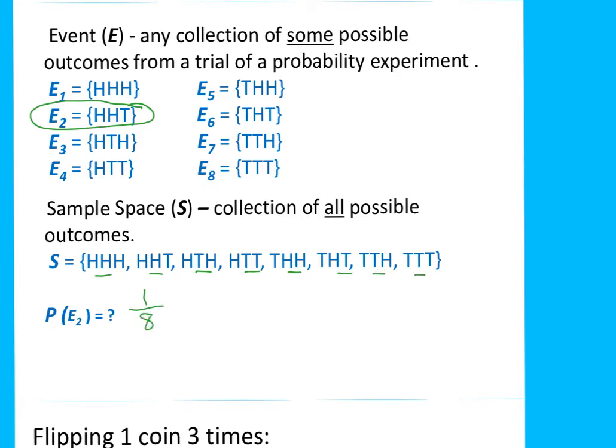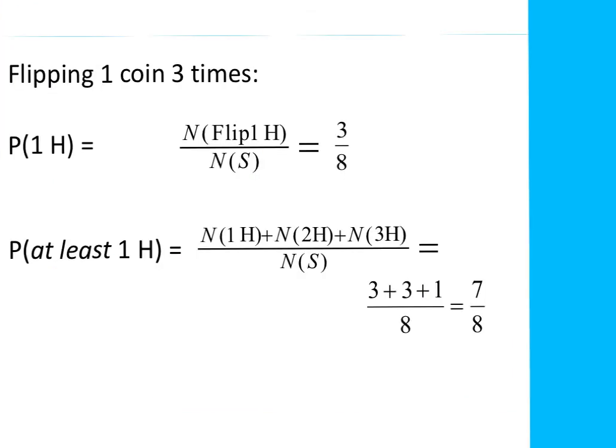So in this case, the probability of what is defined as E sub 2 is only 1 out of 8. Now I would like for you to notice the difference between these 2 probabilities. The probability of flipping at least 1 head if you flip a coin 3 times.